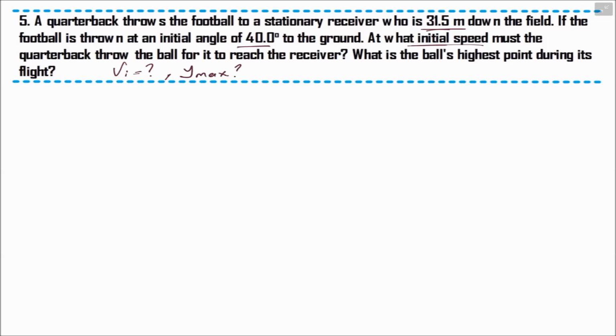maximum height. So the system is like this. Let's say this is the ball, and it will be thrown and follow a path like this. And it's asking what is the y max, and what's the v initial here? And it is thrown at 40 degrees.